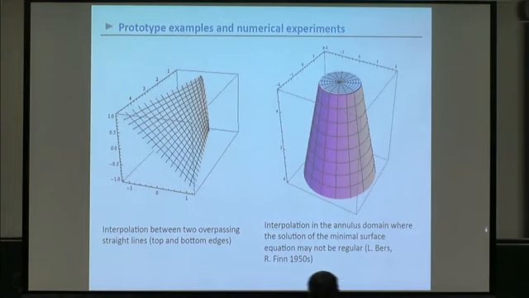But it is known from the 1950s that if you try to solve the minimal surface equation in 2D on the annulus domain, and you assume the value here to be a constant, say 0, then if you make the inner value large enough, the solution cannot be regular. It's singular.